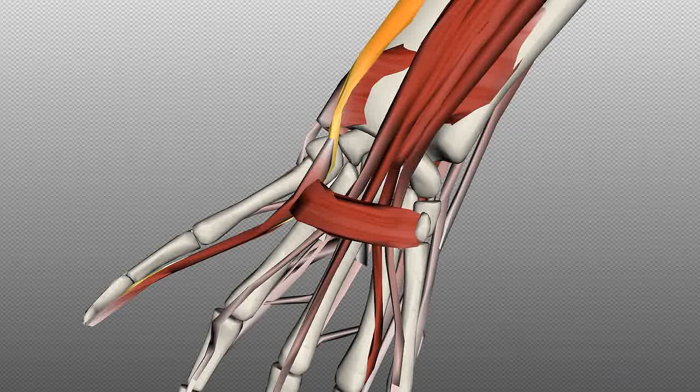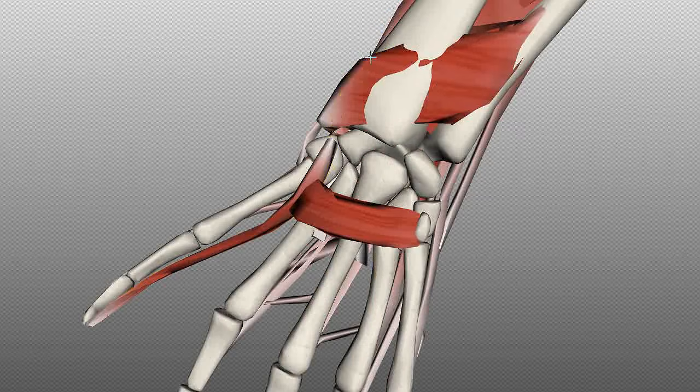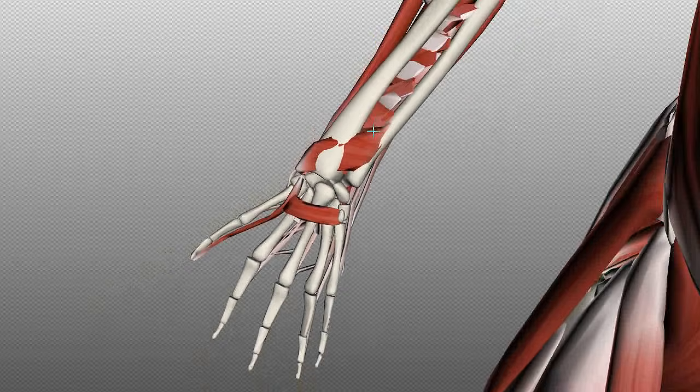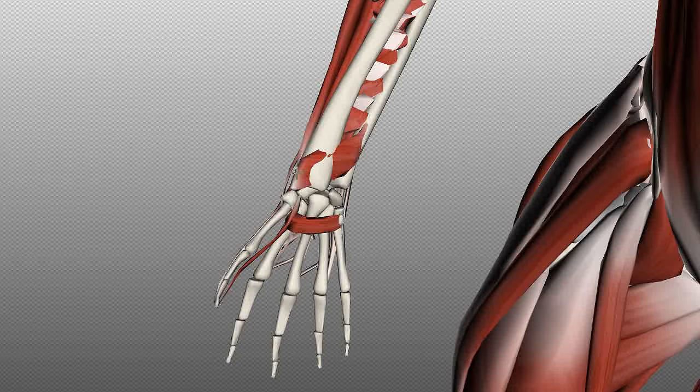From its rectangular shape, so quadratus, referring to its four sides. So I've just removed the flexor pollicis longus and the flexor digitorum profundus, and you've got this pronator quadratus.